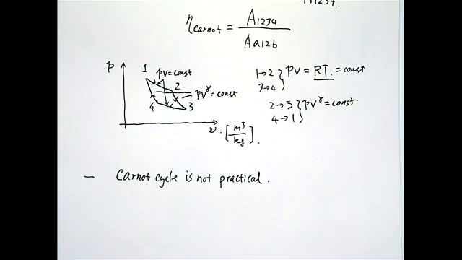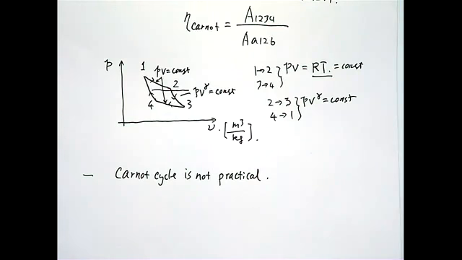So for example, the process we discussed here involves two isothermal processes. The first one is isothermal heat addition, and the third one is isothermal heat rejection. Right? How do you achieve an isothermal heat addition process? If you want to gain heat from a high temperature reservoir, you rely on heat transfer, right?